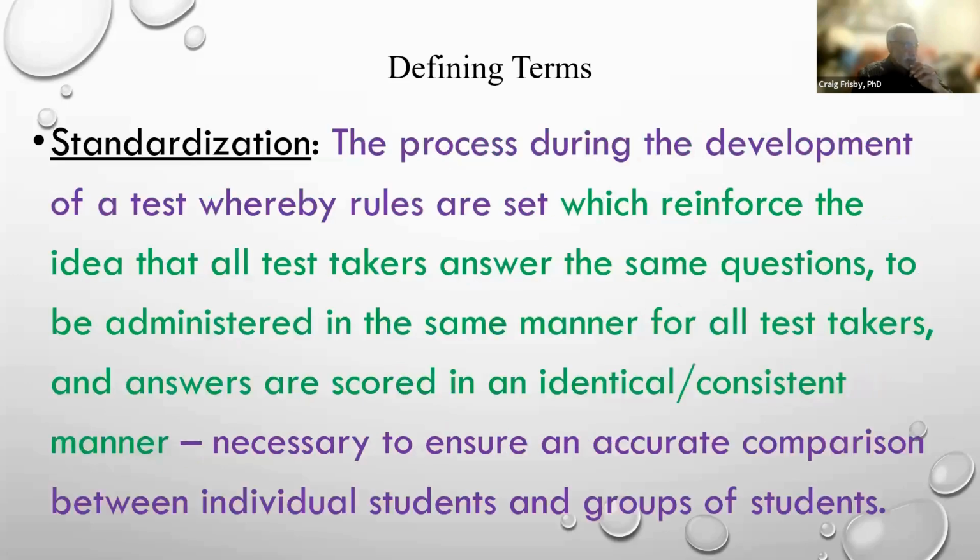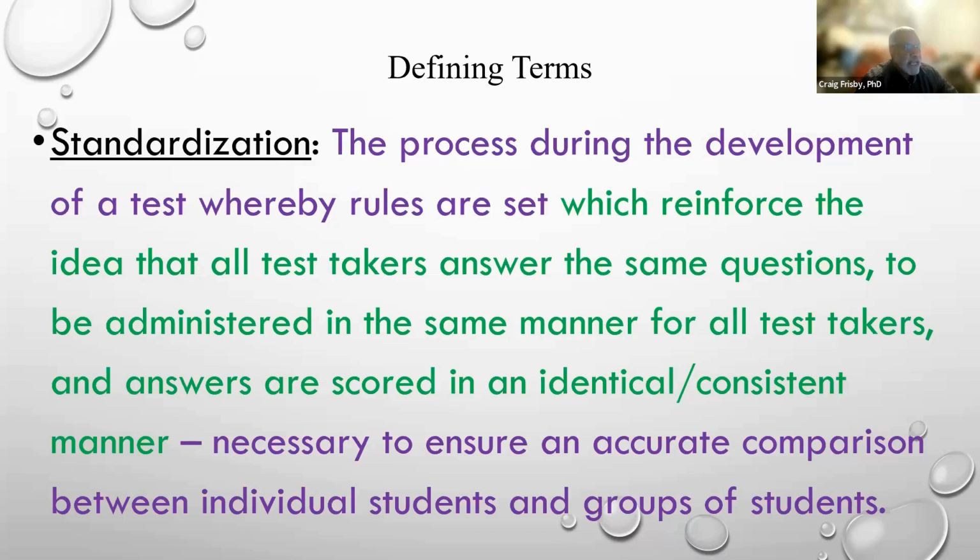Standardization is the process during the development of a test whereby the rules are set for how you are to set up the testing situation, how you are to administer the tasks, and how you are to score the tasks. So whenever we talk about standardization, we're basically talking about a set of rules established in a test manual that everyone has to adhere to whenever they administer a test.